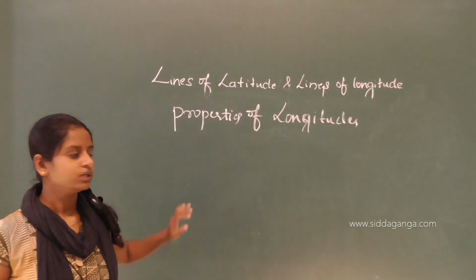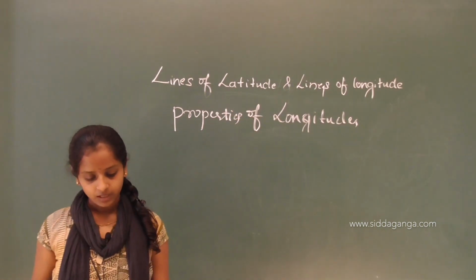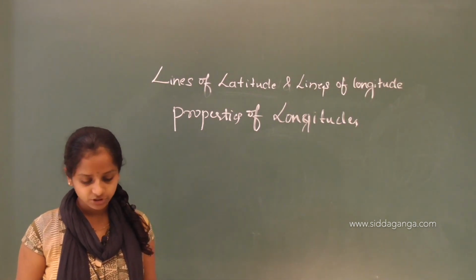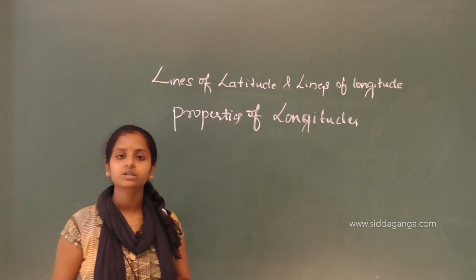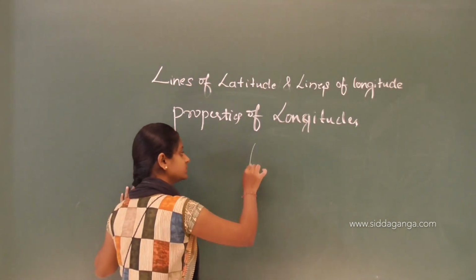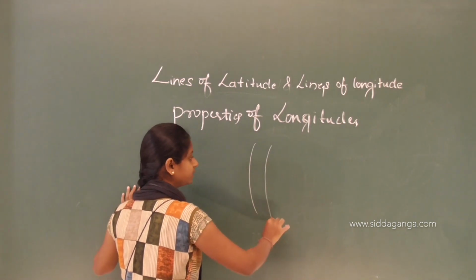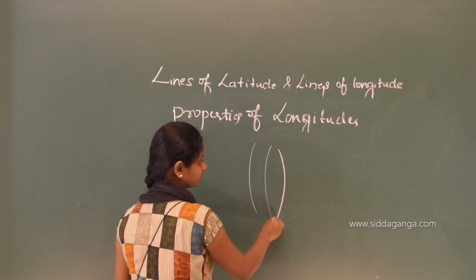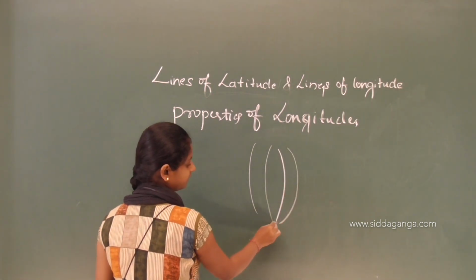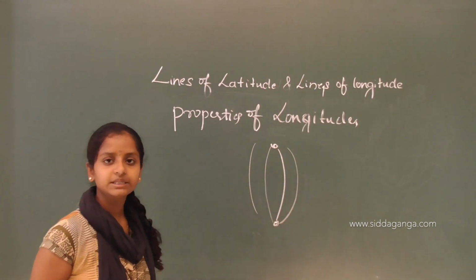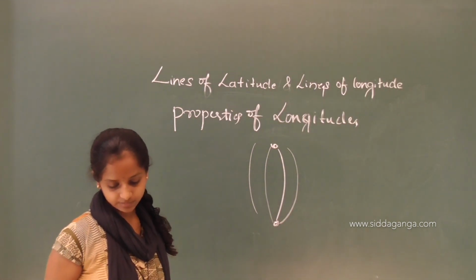The longitudes do not run parallel to each other but meet at the 2 ends. These longitudes are not parallel, they will be like this, but they will meet at the ends.